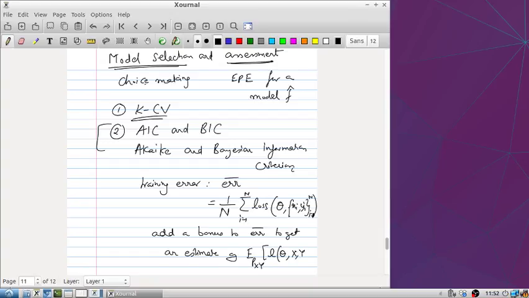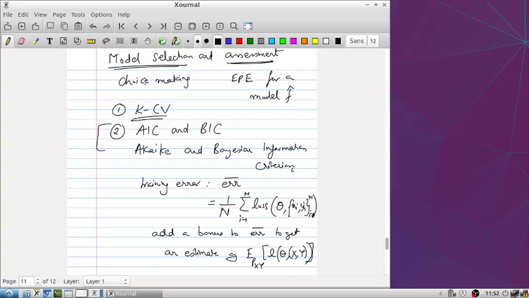For any new data pair drawn from this joint distribution, which you don't know, how does the model that you picked perform in expectation? Cross-validation was estimating a proxy for this. If you know this, then you can choose the best theta.